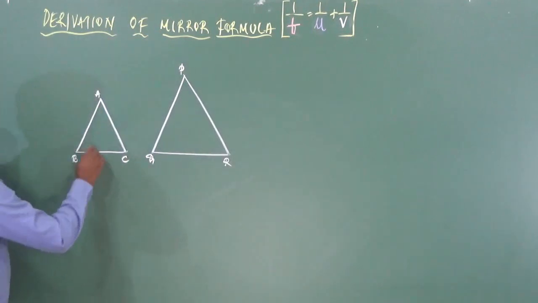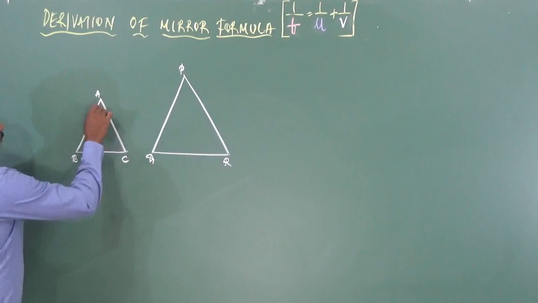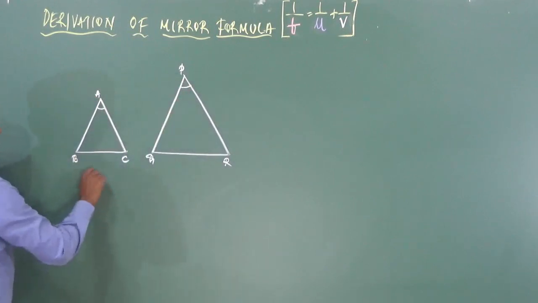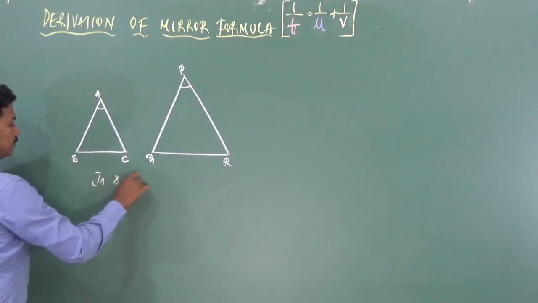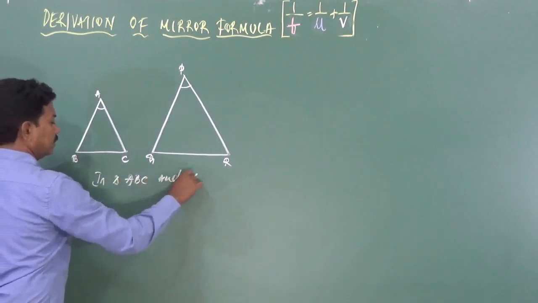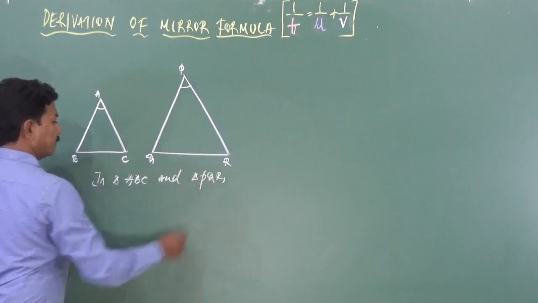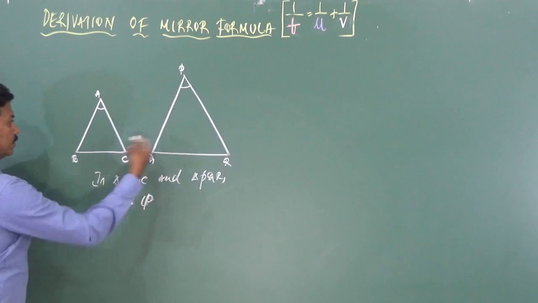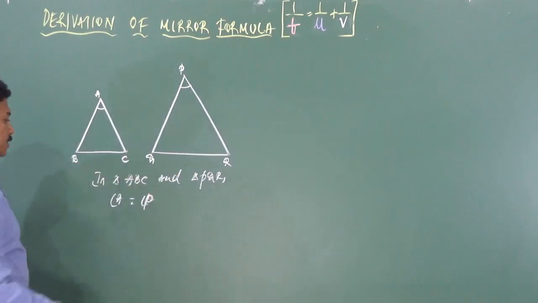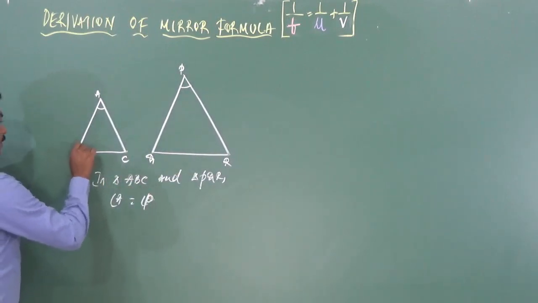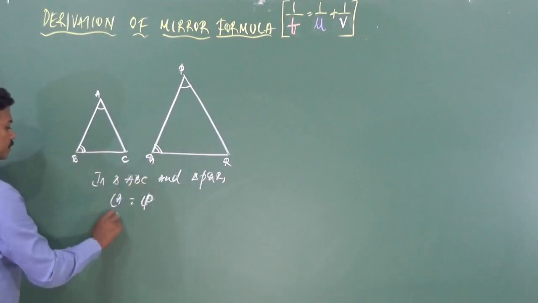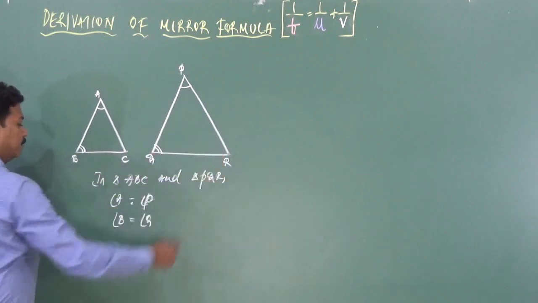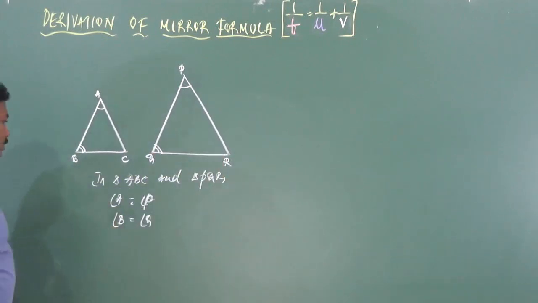Now, in triangle ABC and triangle PQR, let us assume that angle A is equal to angle P. Let us take angle B is equal to angle Q, or else angle ABC is equal to angle PQR, whichever is convenient.